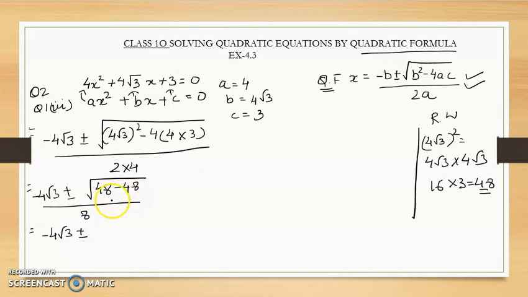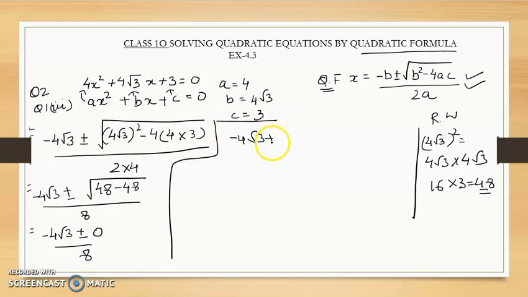Square root of 0 is 0, students, upon 8, right? So this means minus 4 root 3 plus 0 upon 8, and then minus 4 root 3 minus 0 upon 8.